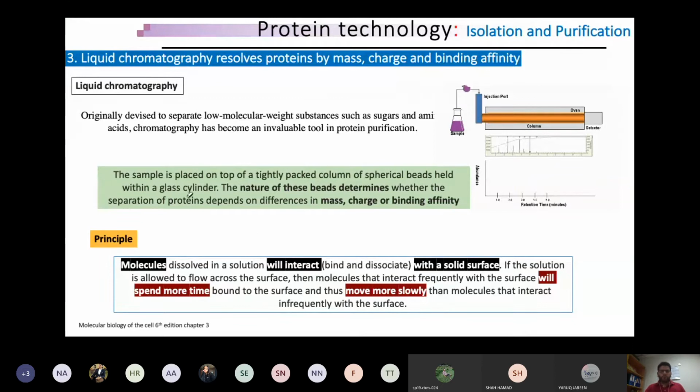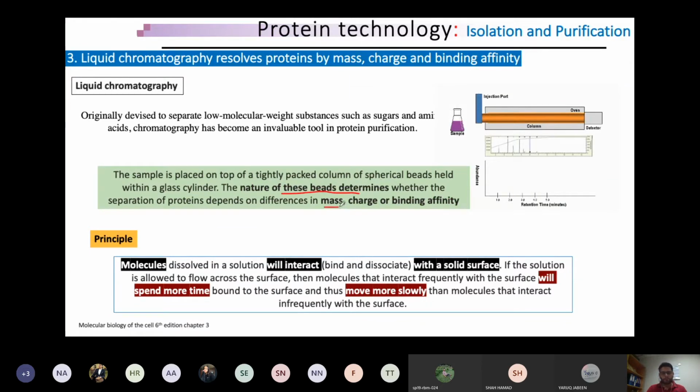So how do you do it? You prepare a sample and you put this sample on the top of a glass cylindrical column, and this column is filled with some matrix, some material, and that material in fact determines what type of protein you are going to separate. Whatever the properties of these beads are, you will separate proteins accordingly.